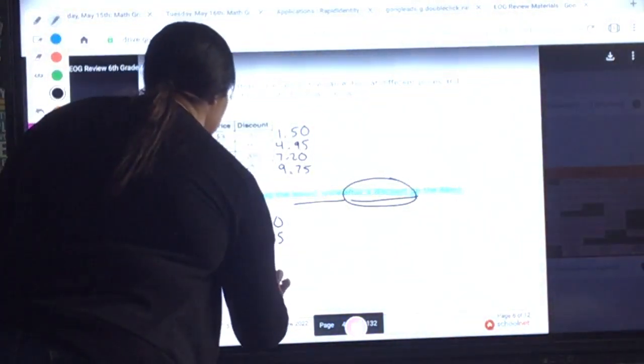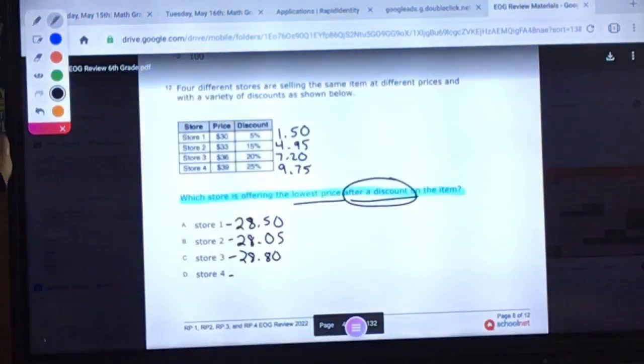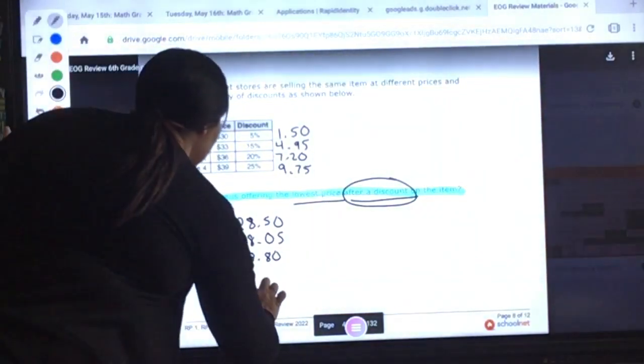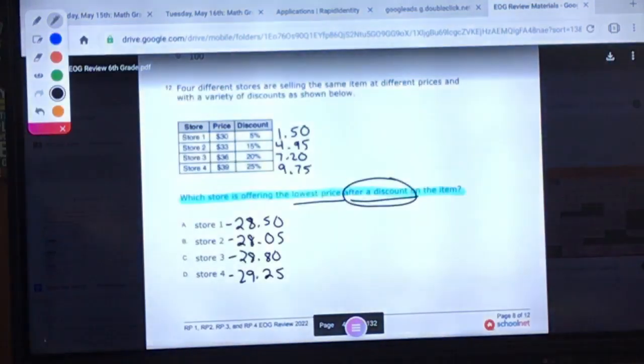So $28.80. And then the last one, $39 minus $9.75, sorry. Kind of just threw it all together. Troy. $29.25.